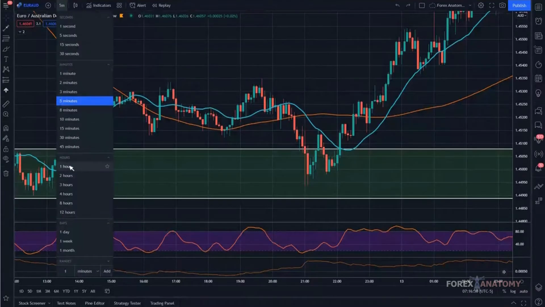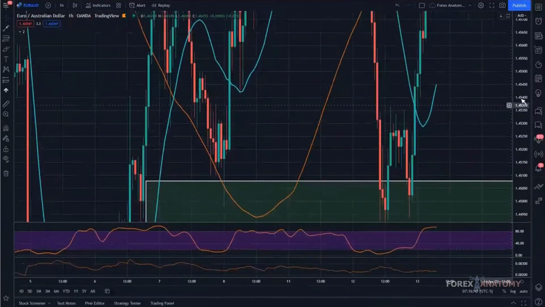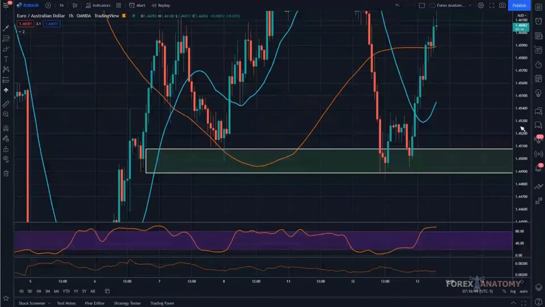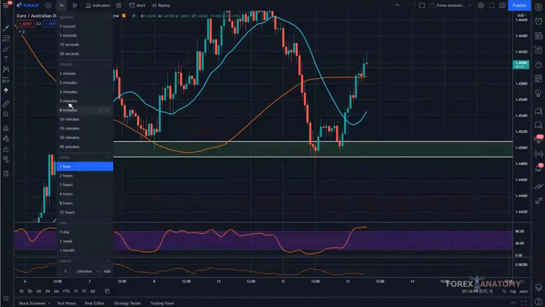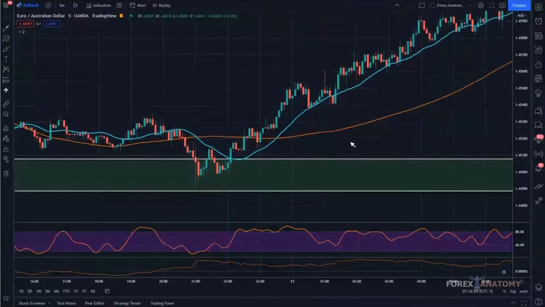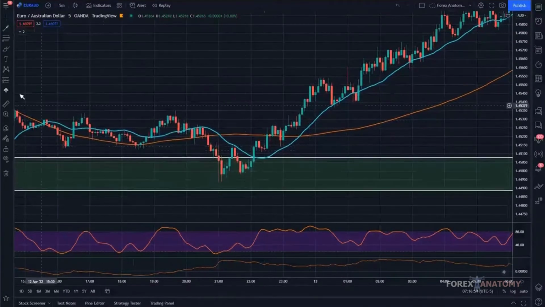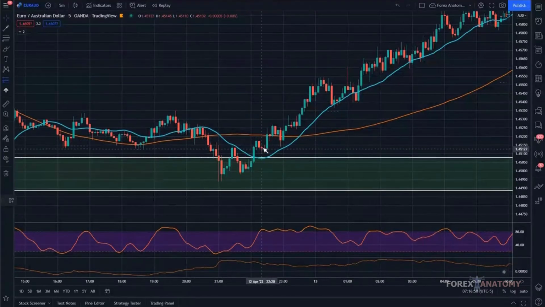Remember, you can take advantage of some strong moves, and that could have given you a very great reward to risk ratio. As a matter of fact, let me go back to the 5-minute chart and see exactly what our reward to risk ratio would be, because I know I never did this. I was actually busy when this setup happened, so I wasn't able to take advantage of it.